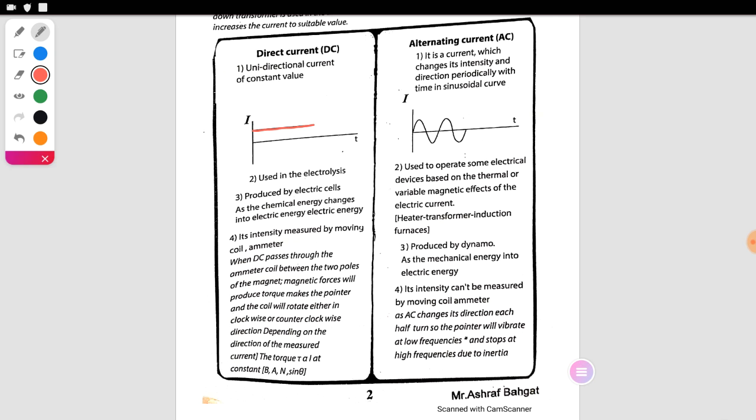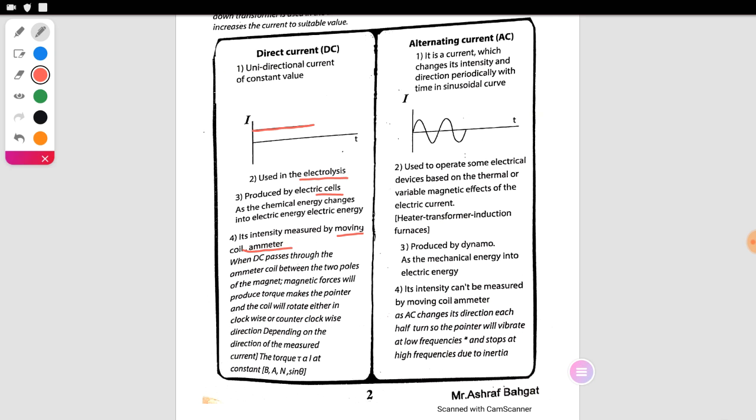Direct current can be used in electrolysis and is produced by cells, which convert chemical energy into electrical energy.